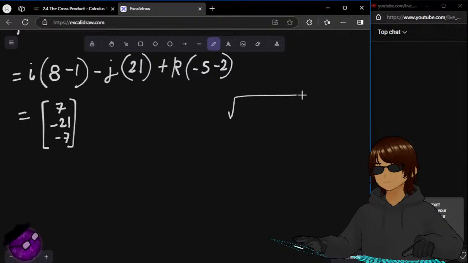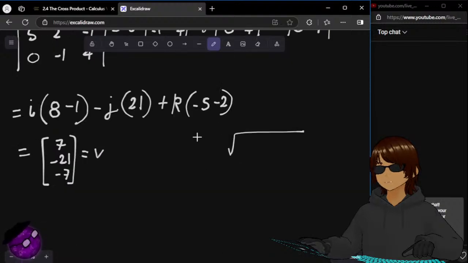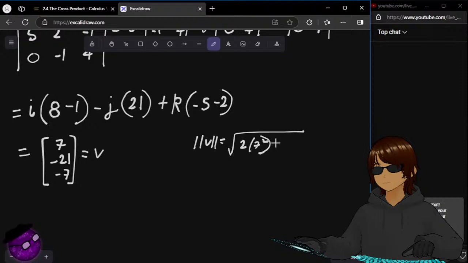And like, let's call this V. Magnitude of V is 7 square plus 7 square, 2 times 7 square, plus 21 square.